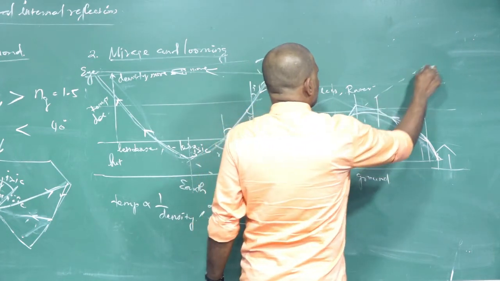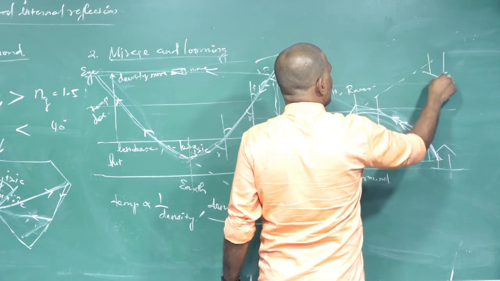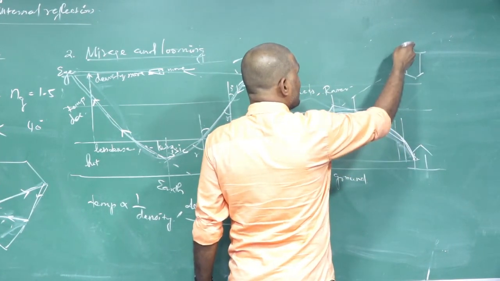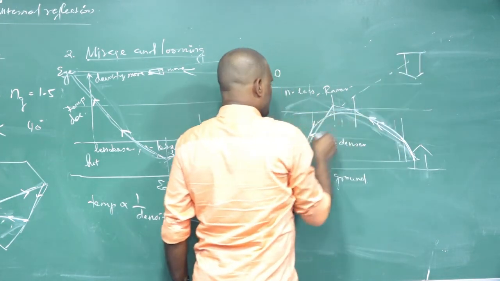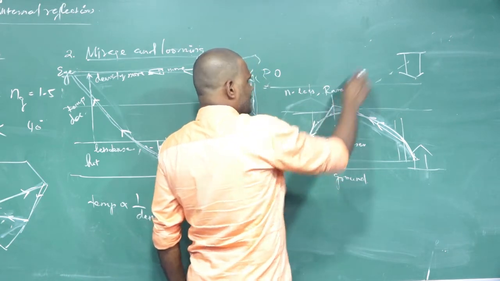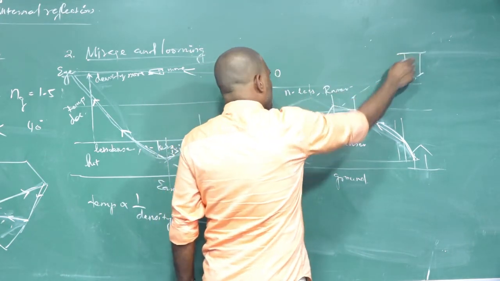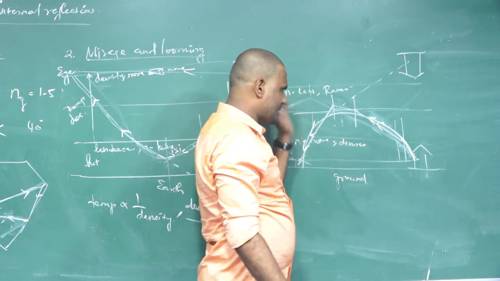And this gives appearance as if there is an object which is lying exactly above the original object, and it is giving you a vision or an illusion that there is somewhere an inverted object which is present at higher altitudes, and we are seeing that object, but it is not actually so.